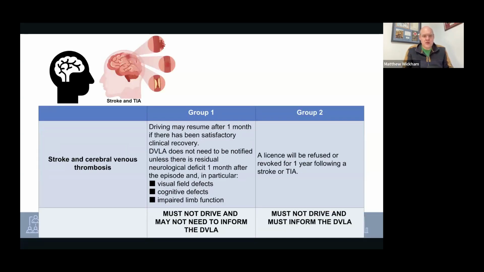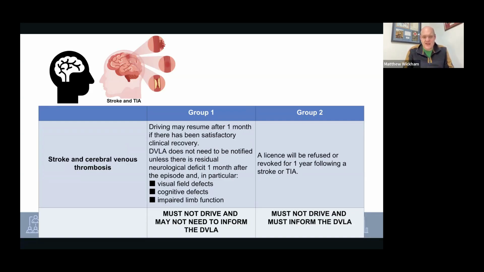So, stroke and venous thrombosis: driving may resume after 1 month if there has been satisfactory clinical recovery, and DVLA does not need to be notified. If there's any residual neurological deficit 1 month after, they need to comment on whether their visual fields are correct, so can they see their peripherals, cognitive deficit, and any impaired limb function?